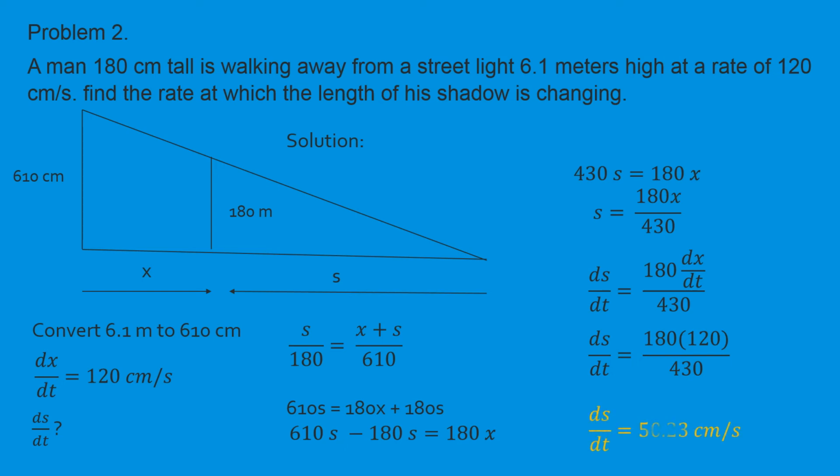So simplifying, we get ds over dt is equal to 50.23 cm per second. So when the man is walking away from the straight line at a rate of 120 cm per second, his shadow will also change at the rate of 50.23 cm per second.